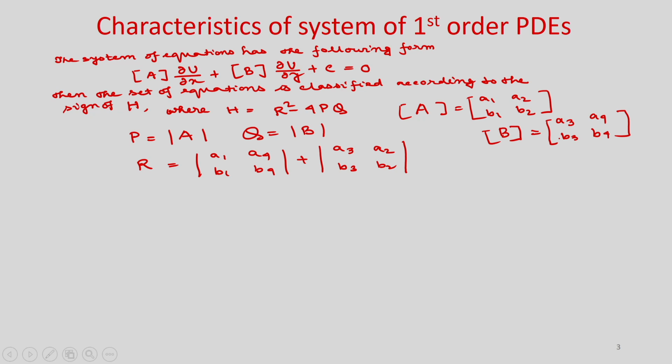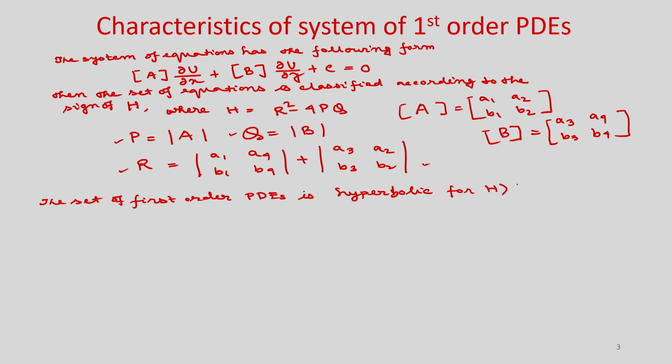Okay. So, depending on the value of H, where H is equal to R square minus 4PQ, and P, Q and R are given as this, the set of first order PDEs is hyperbolic for H greater than 0, okay.